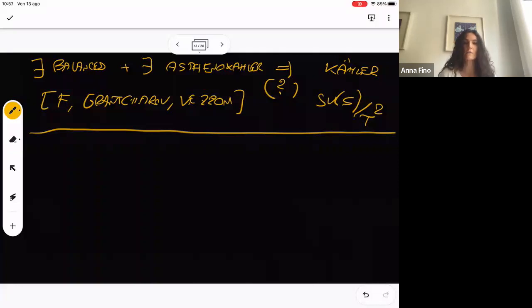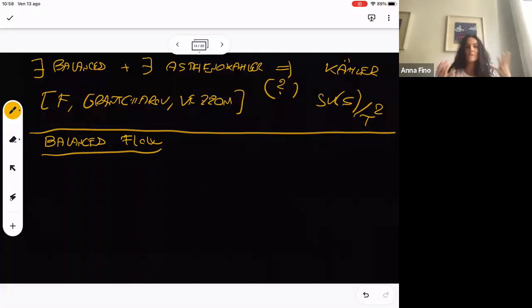For the balanced condition, it seems to be harder to have a flow preserving that. Essentially there are 2 types of flow that at the moment are known to preserve the balanced condition. But unfortunately, they don't preserve the pluriclosed condition.